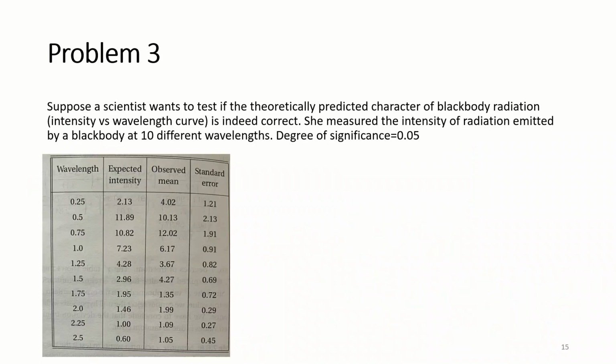Okay. So suppose a scientist wants to test if the theoretically predicted character of a black body radiation is indeed correct. She measured the intensity of radiation emitted by a black body at 10 different wavelengths. So this is a chi-square test question.